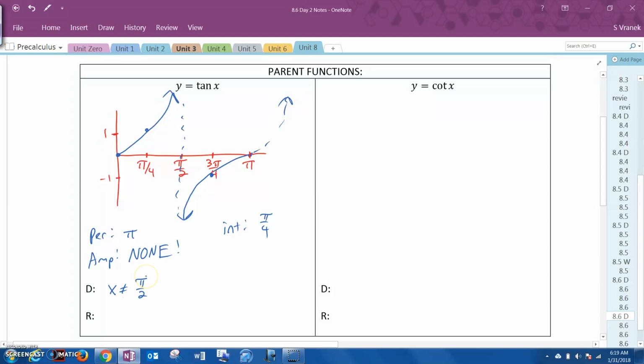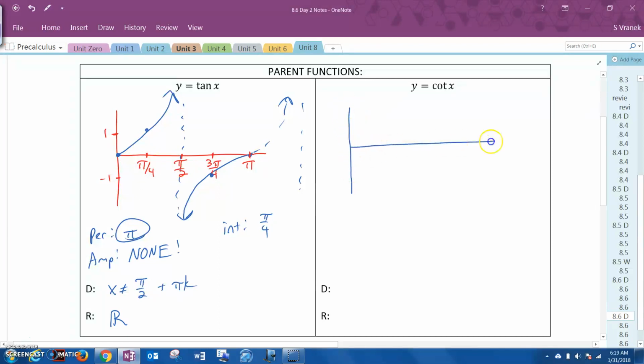And then it repeats every time we go through a cycle. It takes a full period to do that, so every pi k is where it will repeat. And the range for these is always all reals. So really with tangent, remember that the middle tick mark is the one where there's the vertical asymptote.